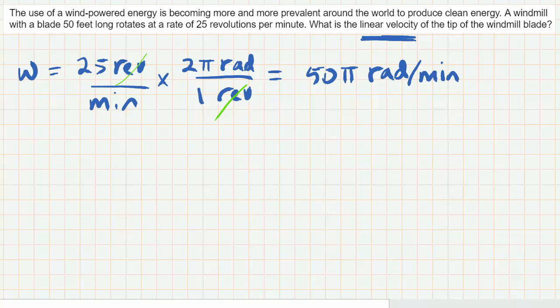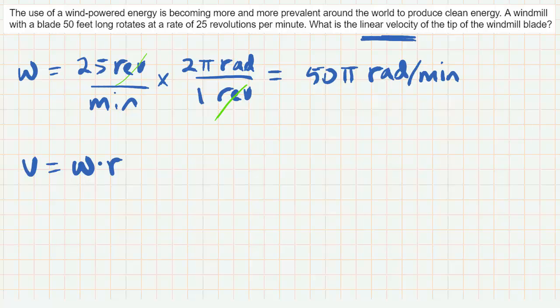Now that we have the angular velocity, we can use the formula that connects linear velocity to angular velocity, namely v equals omega r. We just need to multiply the angular velocity by the radius to get linear velocity.